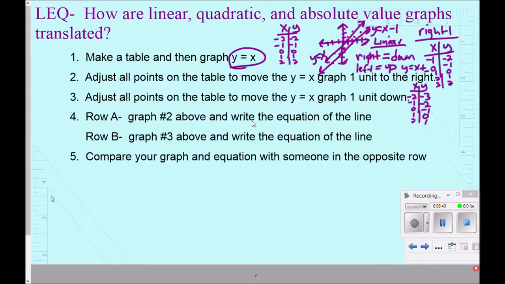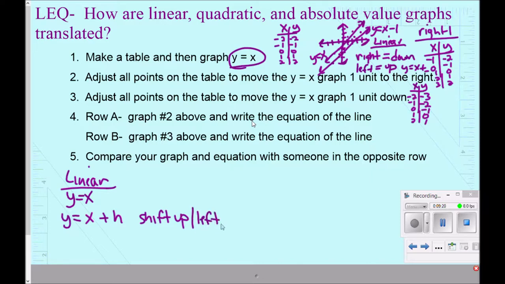So this is just talking about what we just did. We compared with each other and we discovered that for linear, for y equals x, if we add a number, we'll just call that h, however many units that is, onto the end of x, that is a shift up or left h units, however many units that is.